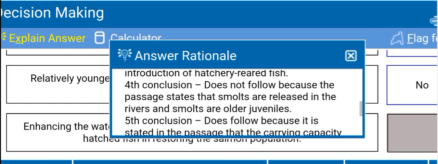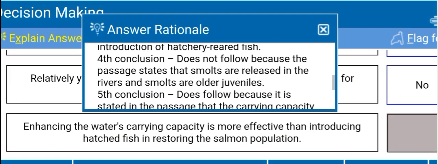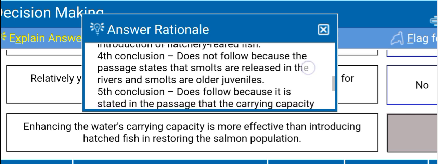The last conclusion says that enhancing the water's carrying capacity is more effective than introducing hatched fish in restoring the salmon production.